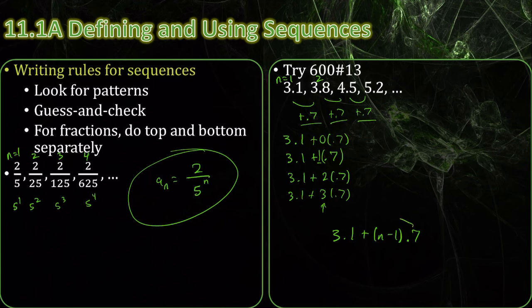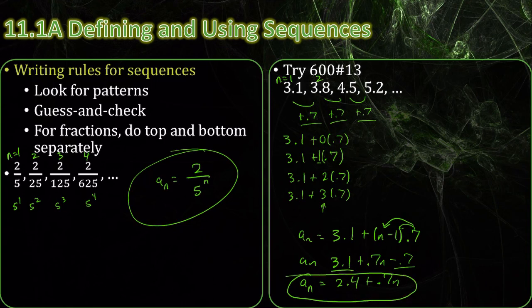Well, we could distribute that. 0.7n minus 0.7. Combine like terms, 3.1 minus 0.7 is 2.4, and this is a_n. Nice, finding a pattern.